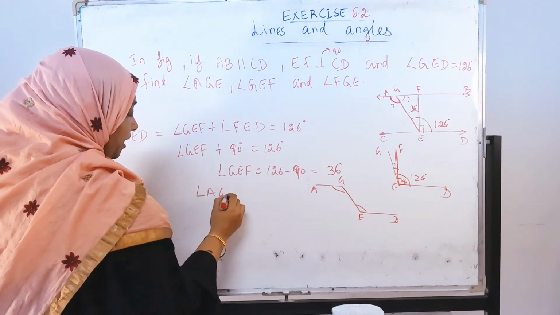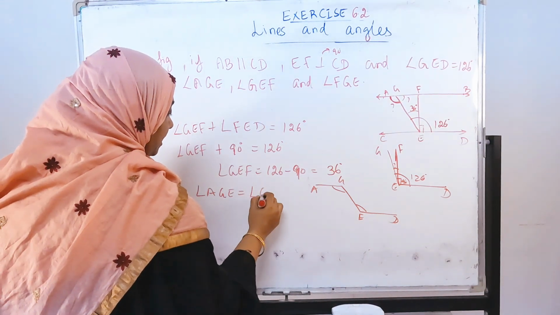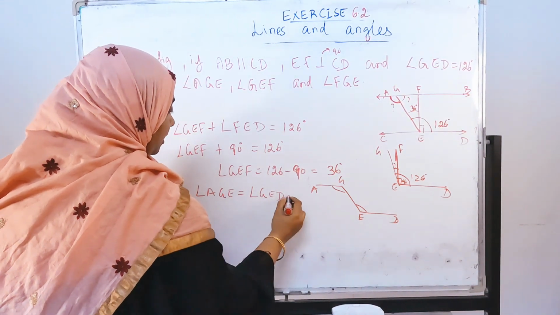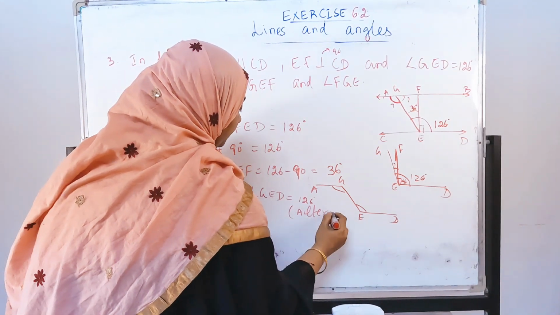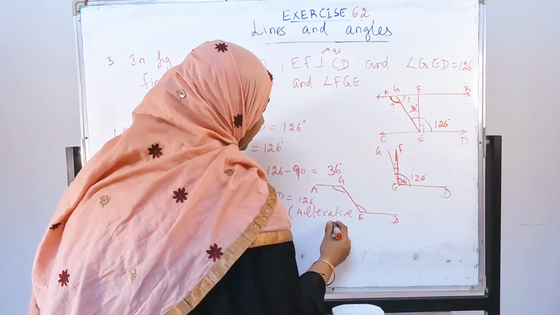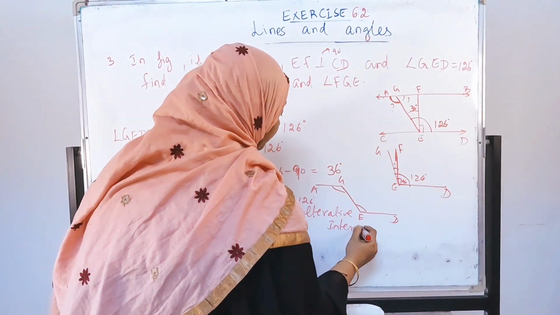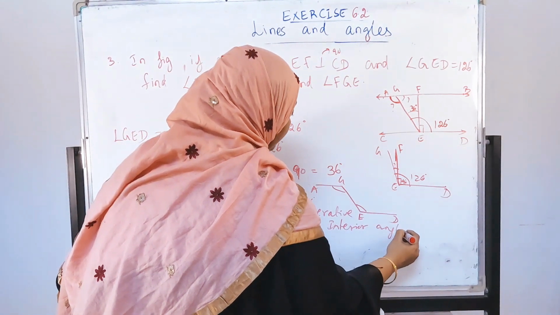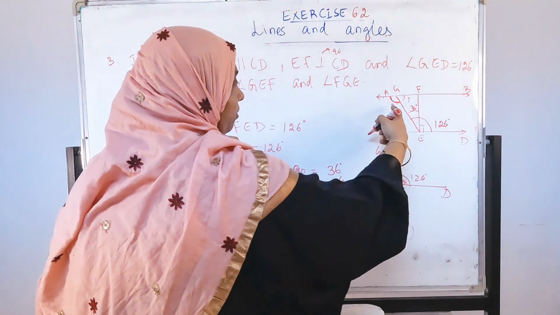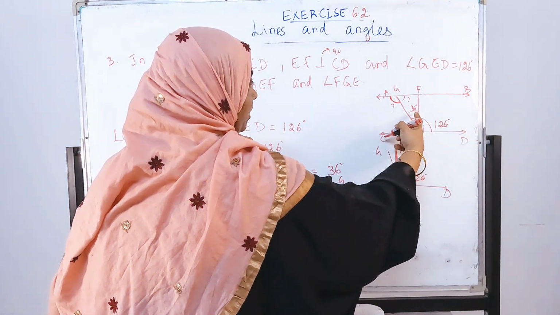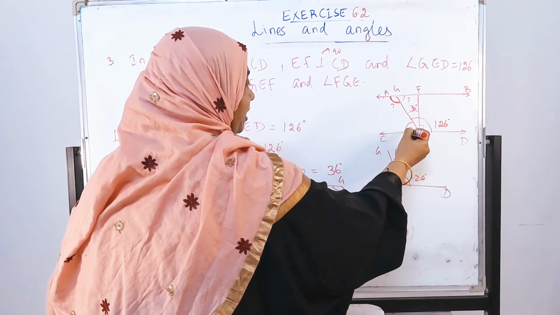Angle AGE is equal to angle GED, that is 126 degree. Alternative interior angles. Then now two parts are over. We can find this part also.